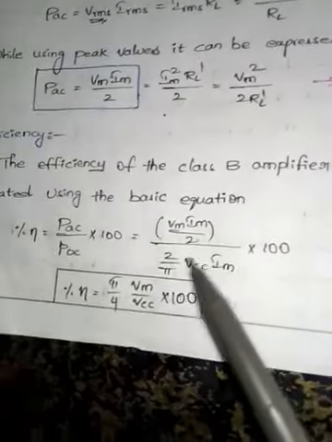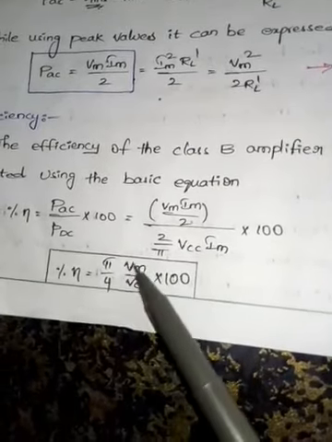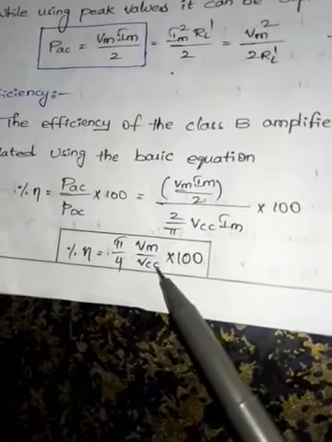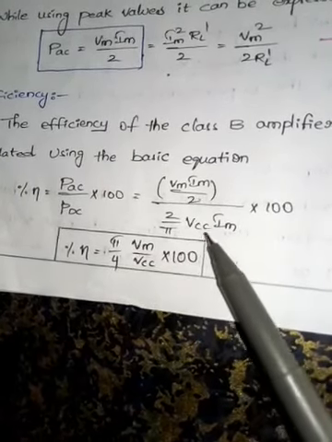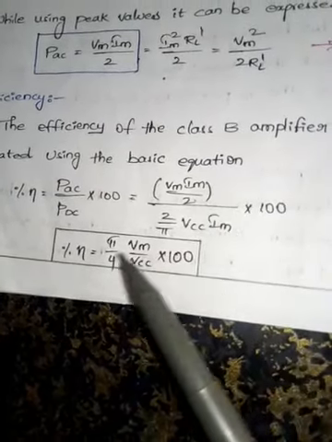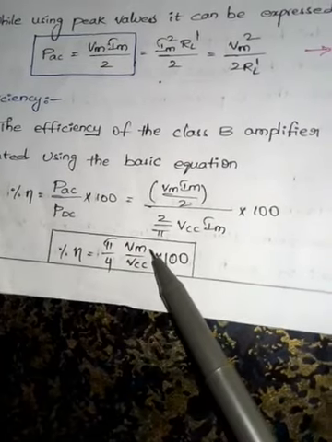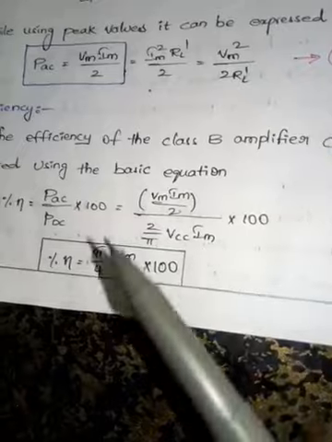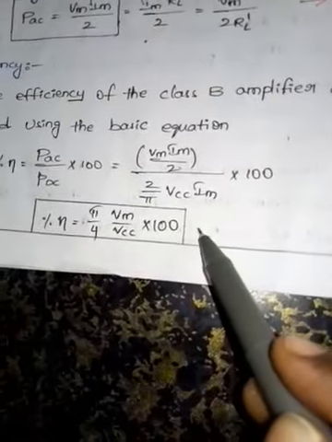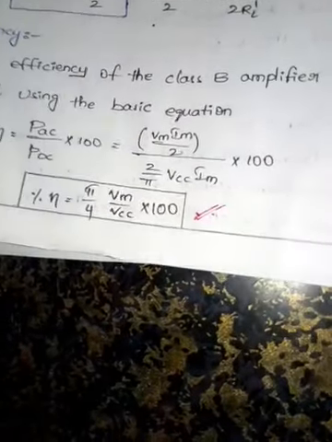If you solve this expression, Im gets cancelled, and you will be left with pi by 4 Vm by VCC into 100. So this is the formula you will get for the efficiency percentage.